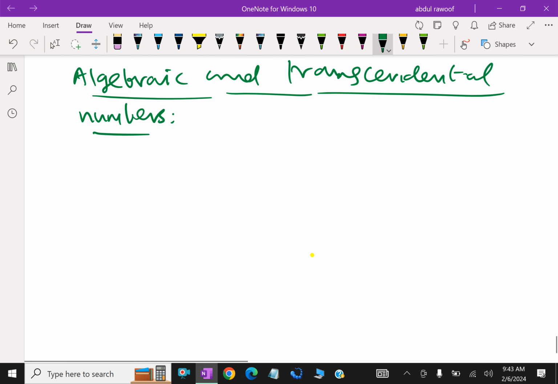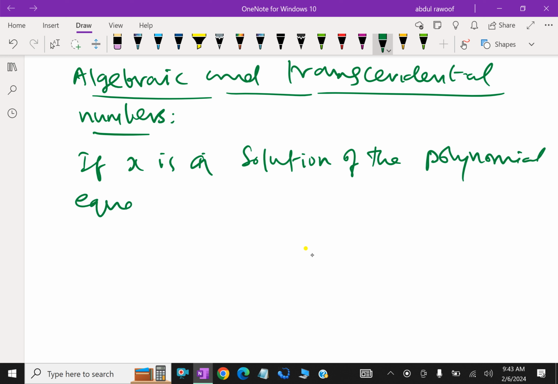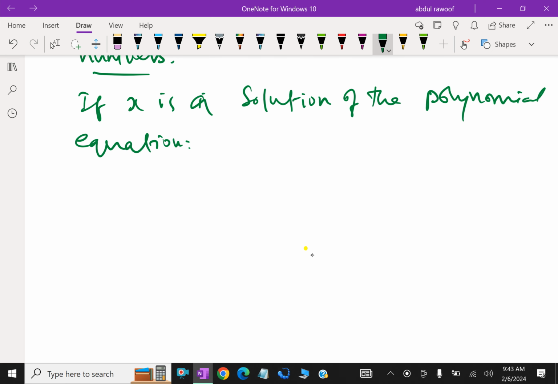First, a number x is a solution of a polynomial if x is a number that is a solution of a polynomial equation. What is a polynomial equation in general form?